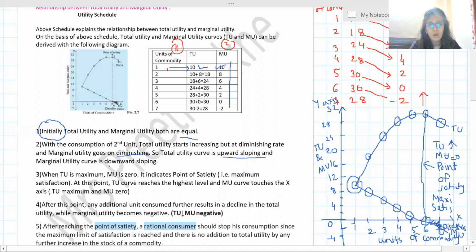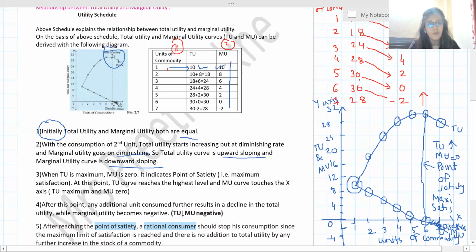MU is downward sloping. What we have covered, first we said that TU and MU both are equal. Then we are saying that TU is upward sloping, TU is rising but at a diminishing rate, and MU is continuously falling, so MU is downward sloping. Then we will concentrate on the point of satiety. Okay, this point of satiety, we know that point of satiety means maximum satisfaction, where TU is highest.